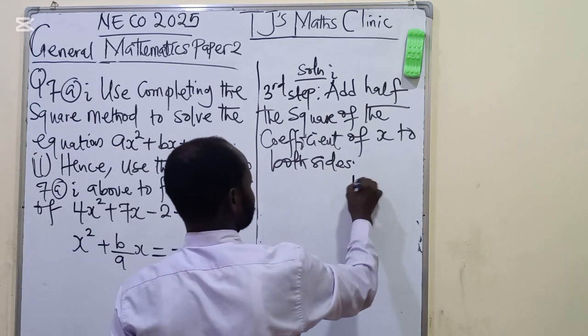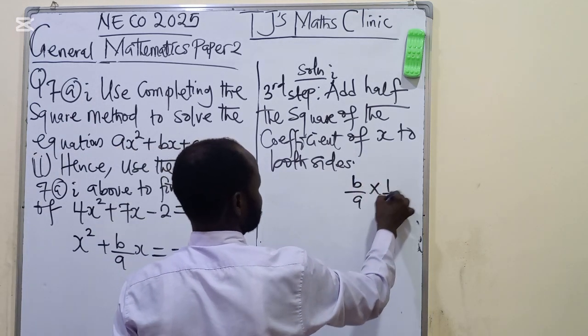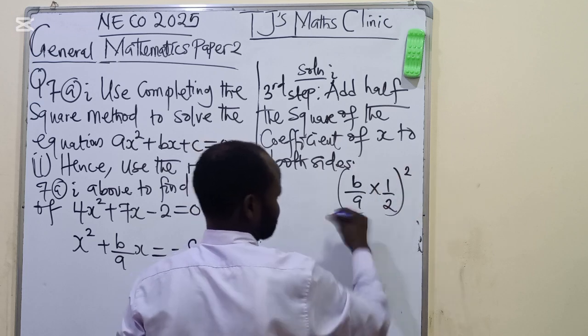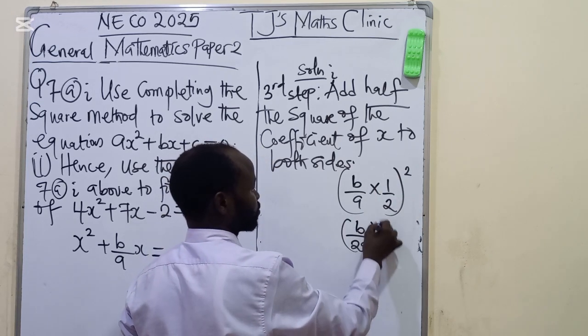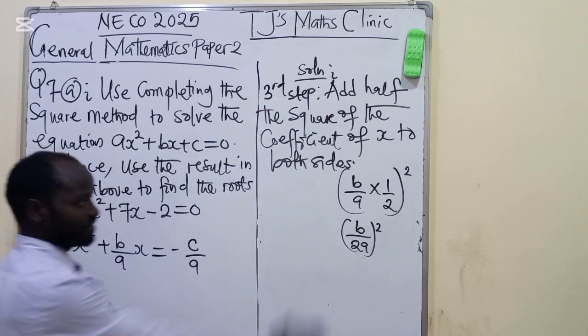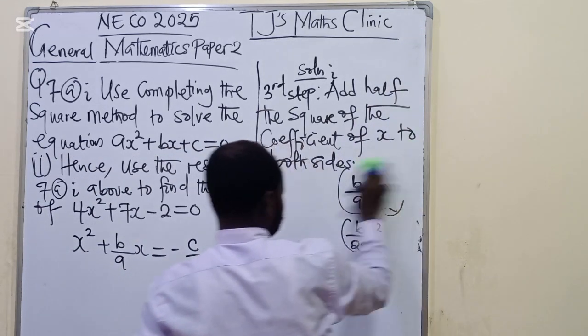So we have b divided by a. Half of it, then we square it. What are we going to get? Let's simplify this. This will be b divided by 2a all squared. So this is what we need. So we add this to both sides. Very important.